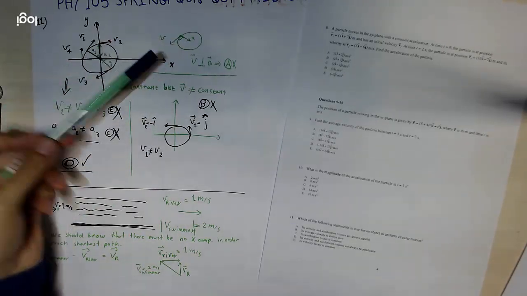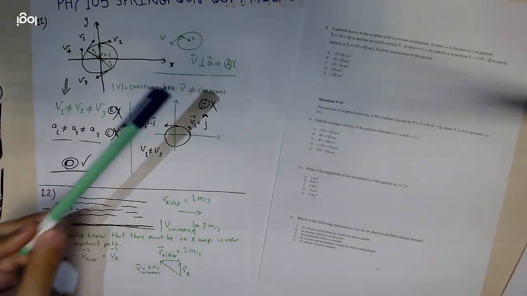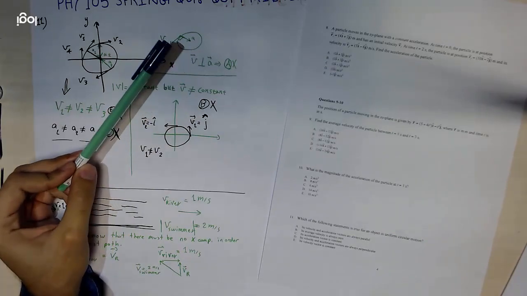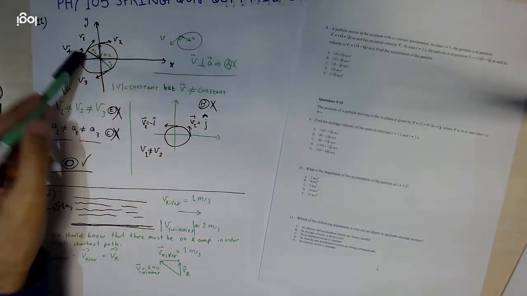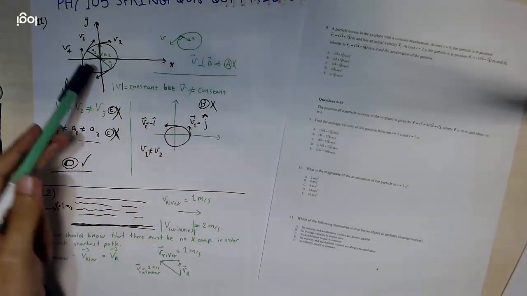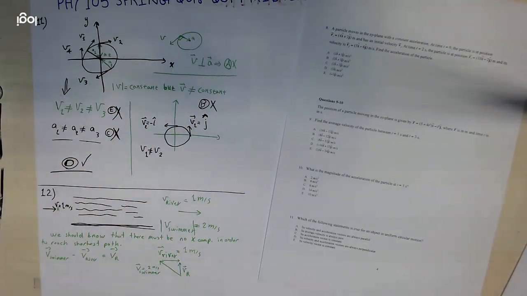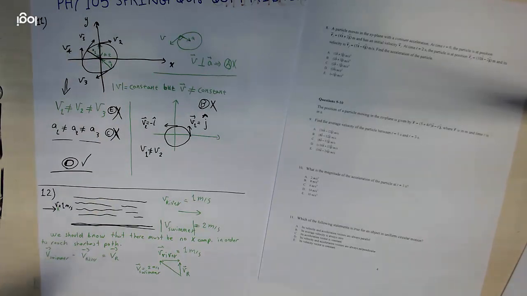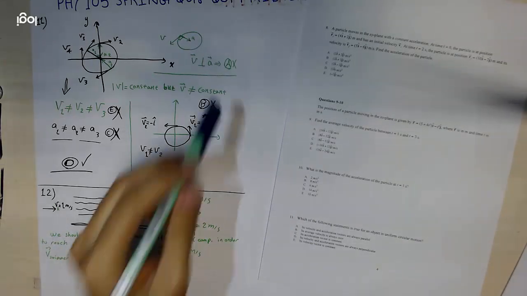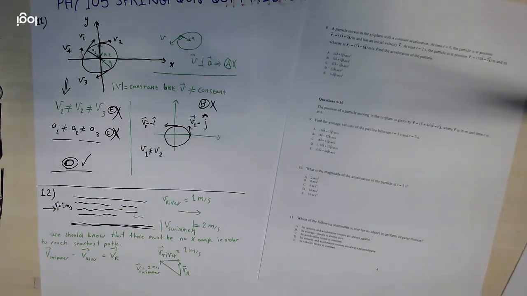However, in circular motion, the acceleration is not parallel to the velocity, because as you can see in these two graphs, every time the acceleration is toward the center. Because the acceleration is toward the center and perpendicular to the velocity, our choice cannot be A. So A is eliminated.